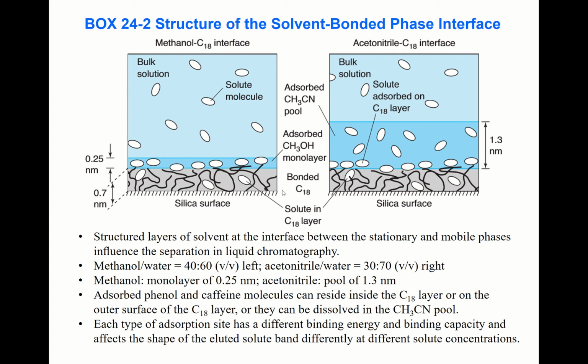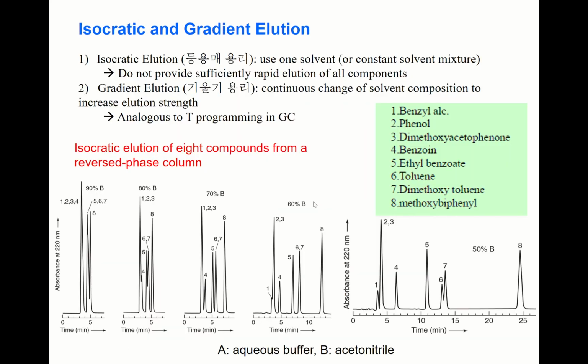This illustrates that choosing the solvent, methanol water or acetonitrile water, is extremely important in HPLC. We'll consider this part in more detail shortly. Let's stop here.